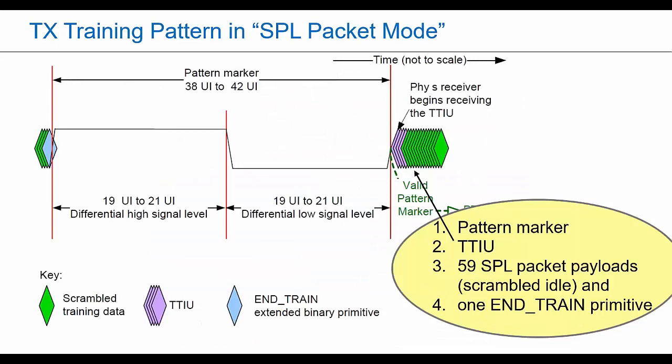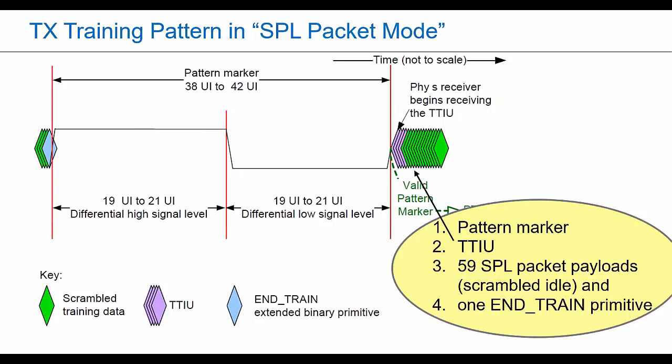So after that TTIU is sent, a SAS4 device is supposed to actually send 59 SPL segments, which contain scrambled idle. So that's 59 128-bit SPL segments, where SAS3 would send just 58 DWORDs of scrambled data.